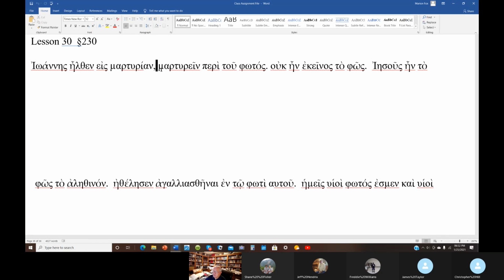All right. This is what part of speech right here? Help me out. Accusative. Accusative case what? Feminine, singular. Noun? Yes. It's a noun. Yes, correct. Okay. So it's accusative case. So it's what's going to be borne. He came to do. So he came for the purpose of bearing witness.